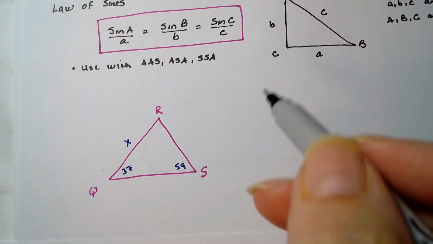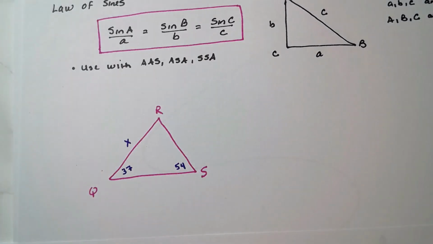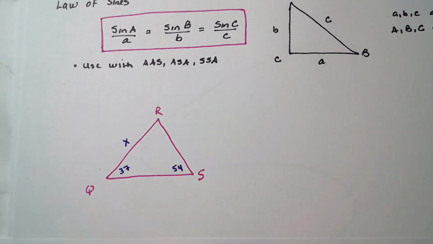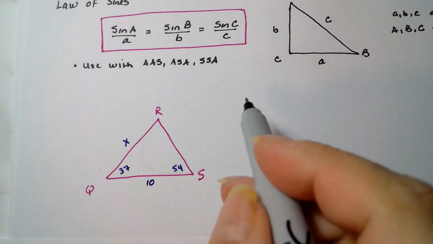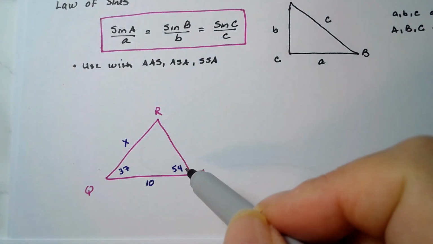So again, it doesn't matter which two of these you use, just use any two. So for instance, and I forgot a measure, this would be 10 here. Okay, so anyway, I want to find X.